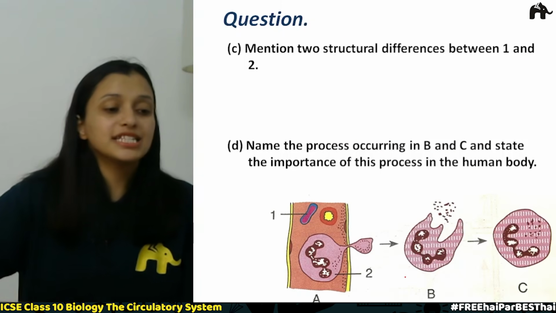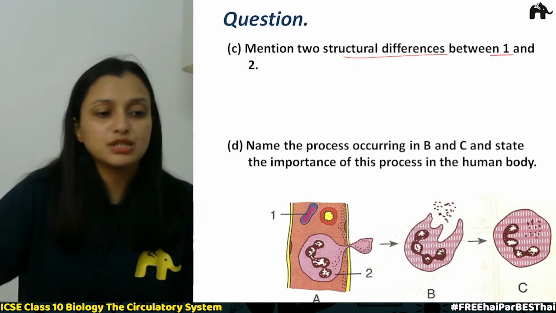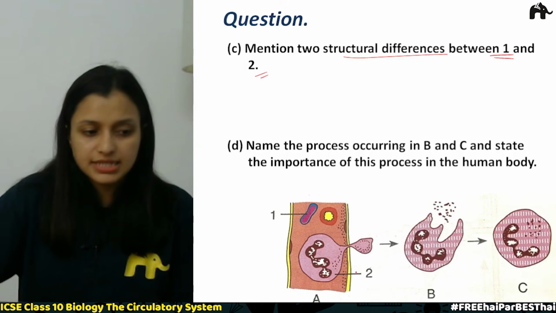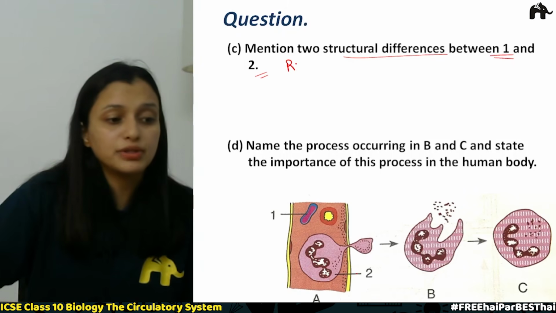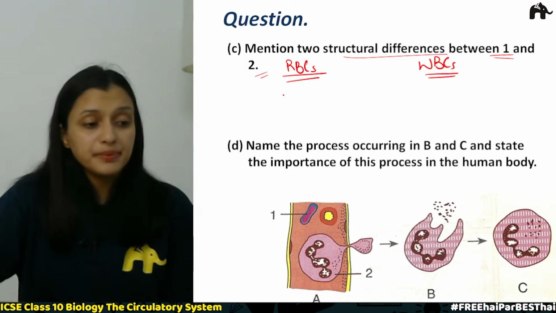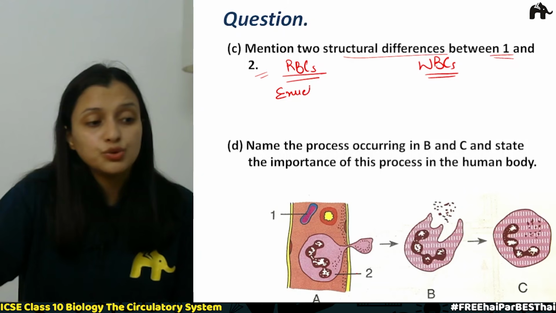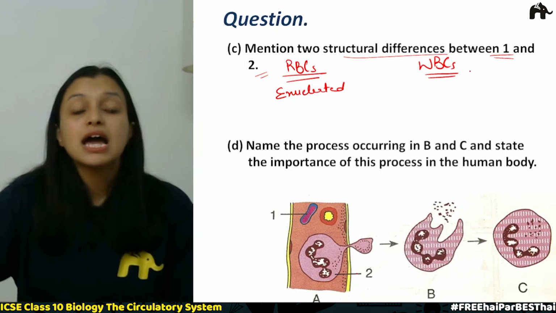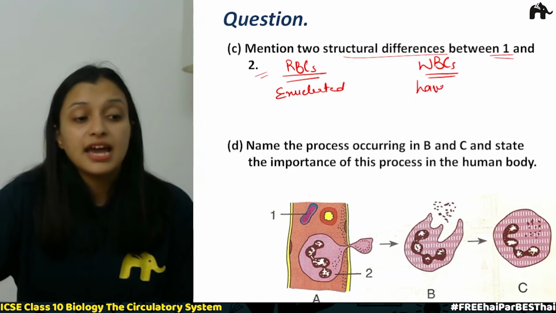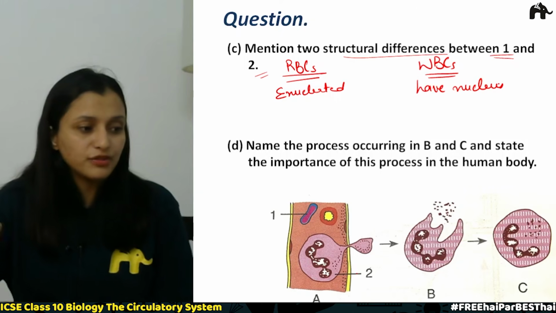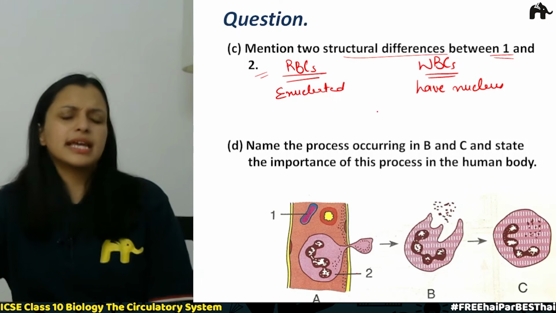Now the next is mention the two structural differences between 1 and 2. So this is 1 and this is 2. It means we have to tell the structural differences between RBCs and WBCs. The RBCs are enucleated, so they do not have a nucleus, whereas WBCs have a nucleus. This is one of the differences. What is the second difference?